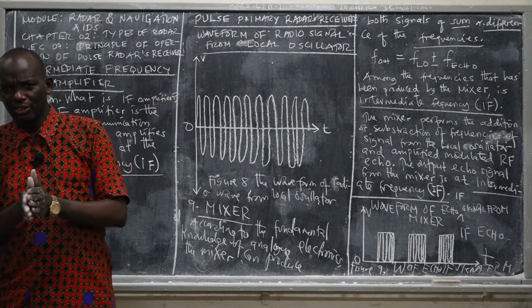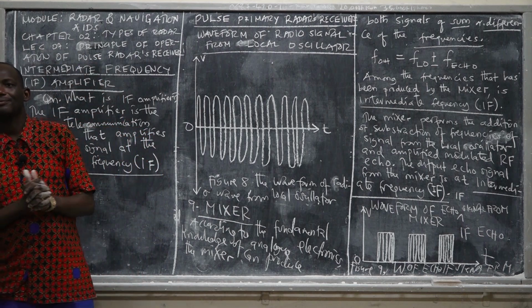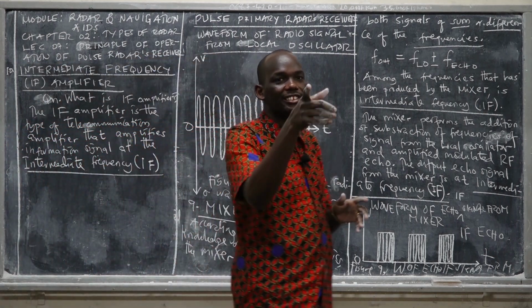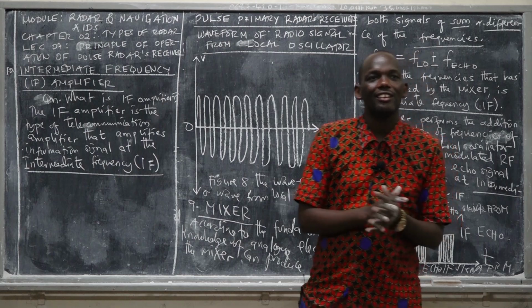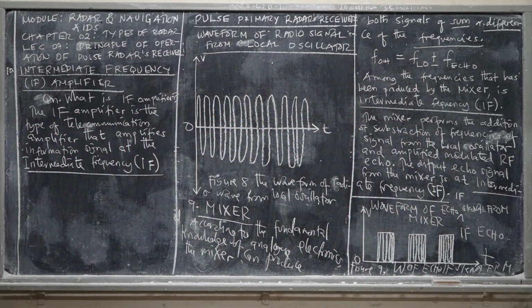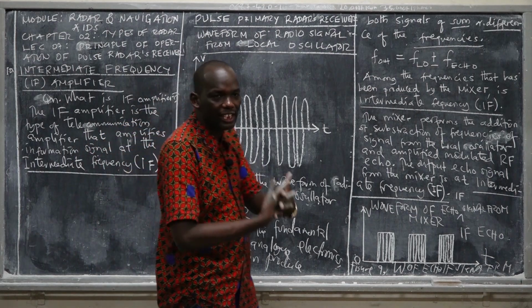Do you see your neighbor? Do you see the backbencher there? He's busy chatting. That's my students. What did I say? In electronics engineering, we have 2 categories of amplifiers.